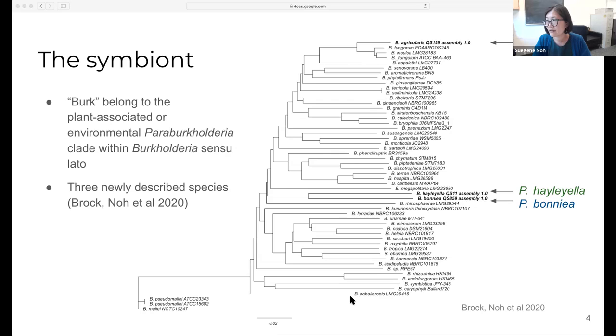This Paraburkholderia clade mostly comprises plant symbionts or environmental Burkholderia sensu lato. They are actually in a separate clade compared to our more familiar pathogenic Burkholderia that you see here used as an outgroup in this particular phylogeny.